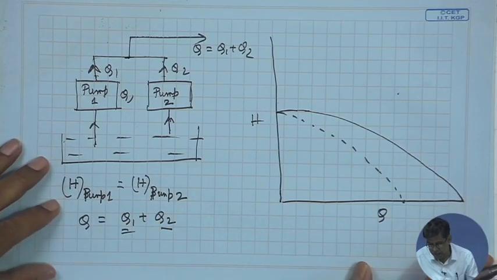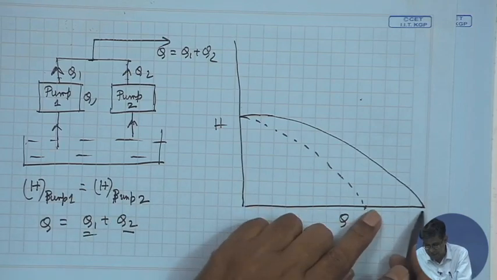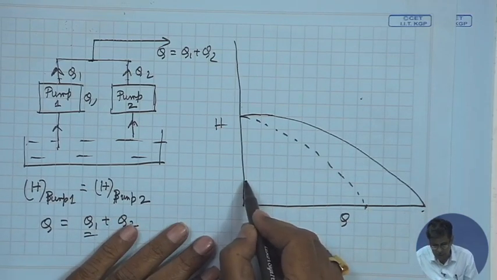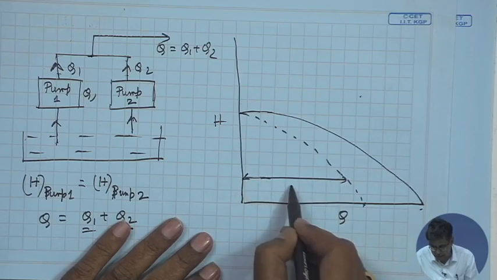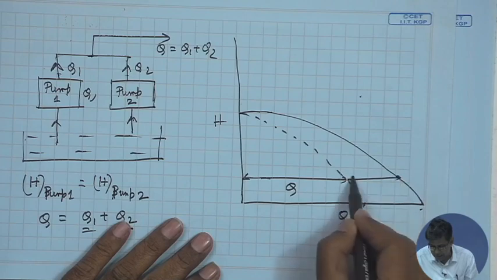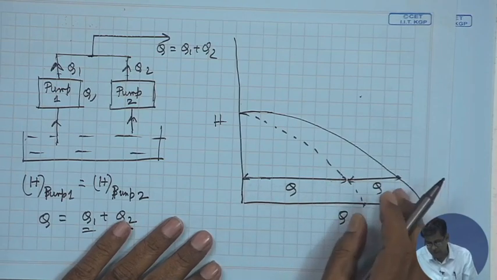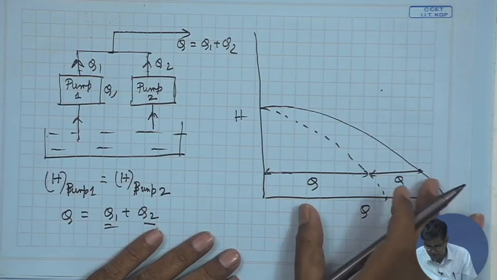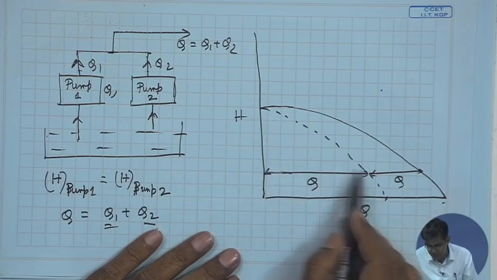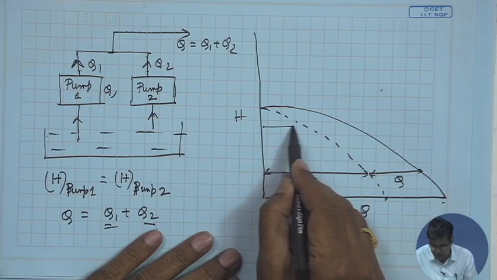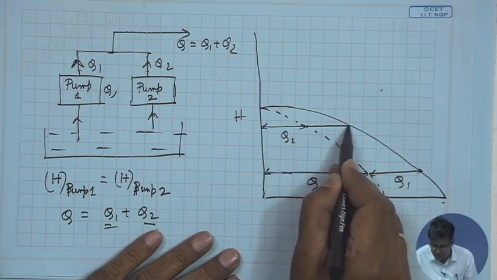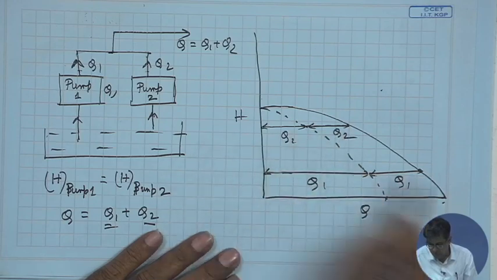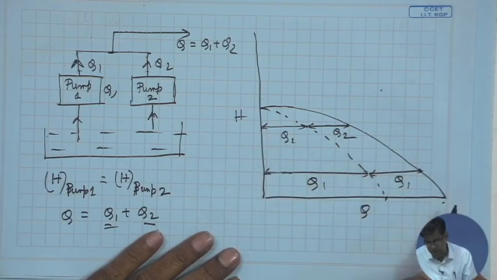This is not correct in scale, because this discharge and this have to be the same. It is a little awkward, but take it that this is Q at any head and this is also Q. My drawing in that scale is not correct because the space is limited. Here you can better represent, let Q1, here Q2, and this is the same Q2. That means Q's are added at a particular head.